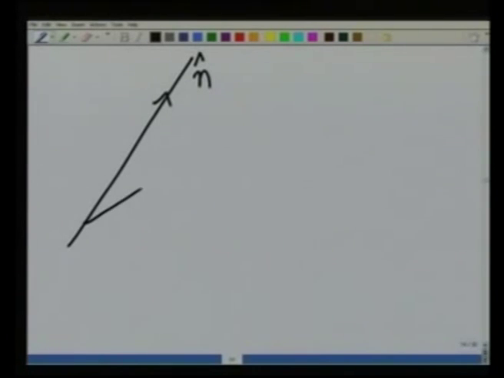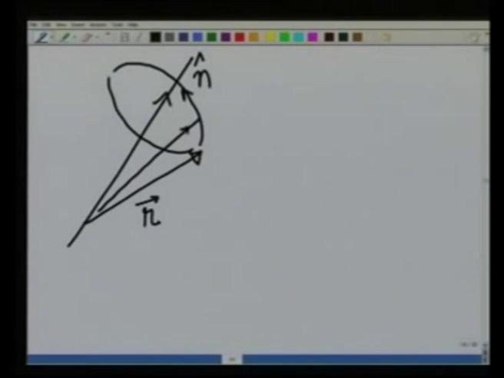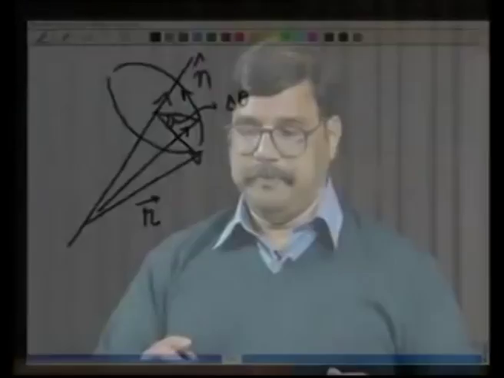Let there be a vector r, although I am writing it for r, r could be any general vector, and let this vector r rotate about this axis like this, so that after an infinitesimal rotation about this axis, this new position is here. It has rotated by an angle delta theta about the axis n.